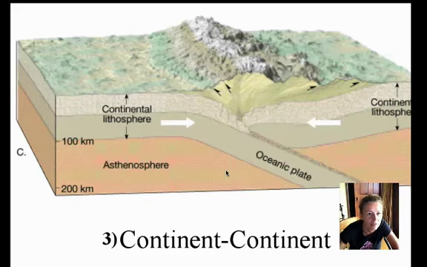Okay, and then the third thing that can happen is if you have two continents coming together. And what happens here is that as one plate subducts under the other, you see there's not volcanic activity, right? But the continental crust smashes into each other and uplifts, causing huge mountain ranges.